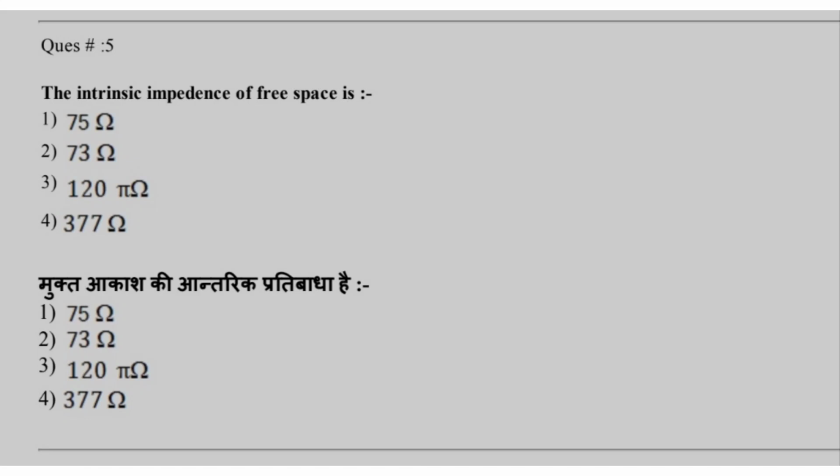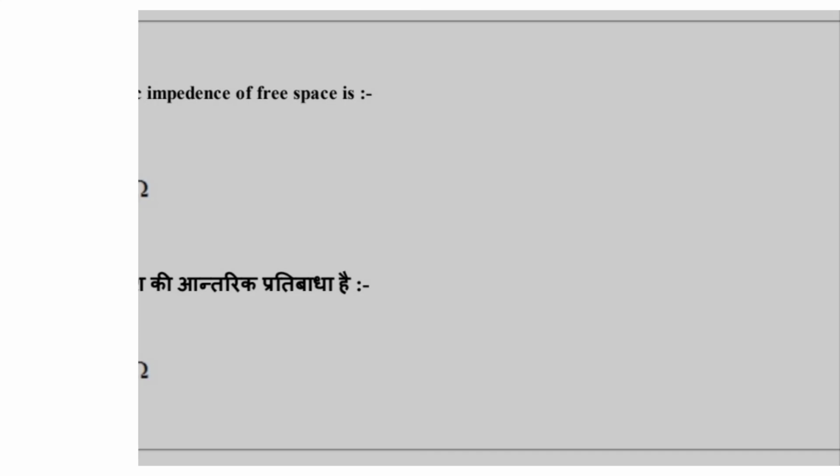Next question, the intrinsic impedance of free space. So the intrinsic impedance of free space is denoted by eta. It is defined as the ratio of electric field intensity to the magnetic field intensity of a plane electromagnetic wave propagating in free space.